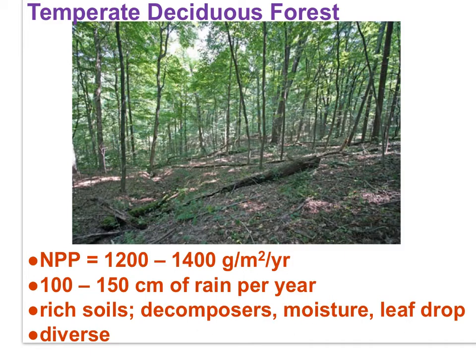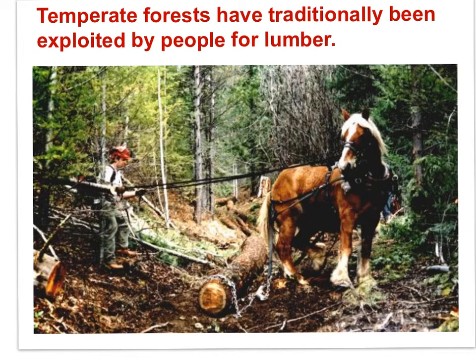As well, temperate forests are diverse due to the nature of the tall trees that provide numerous niches. Temperate forests have traditionally been exploited by people for lumber. The forest is natural capital from which people extract natural income in the form of lumber.